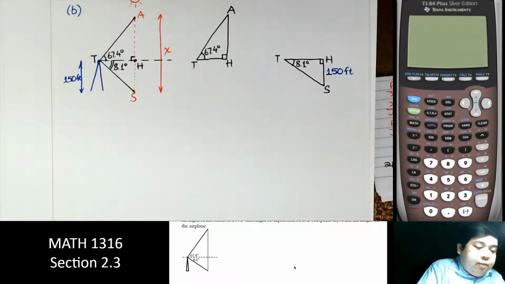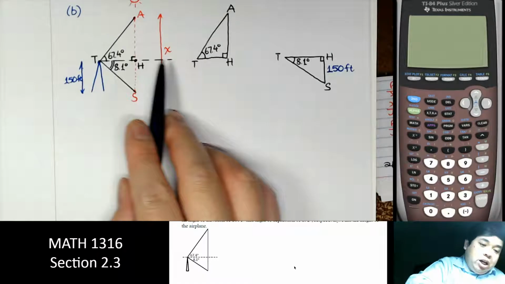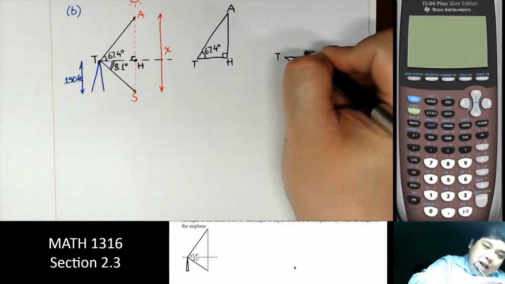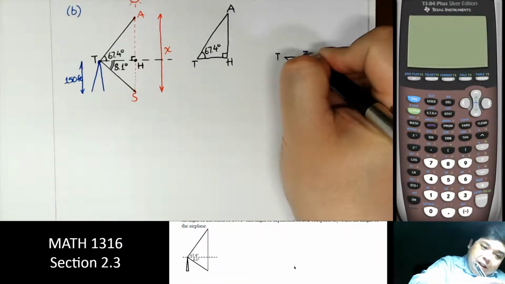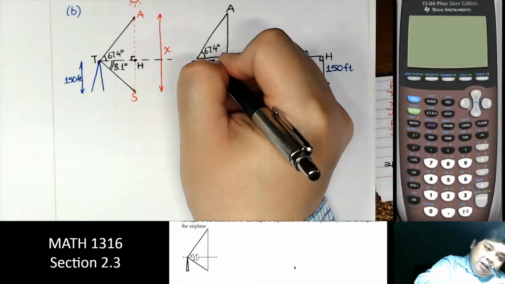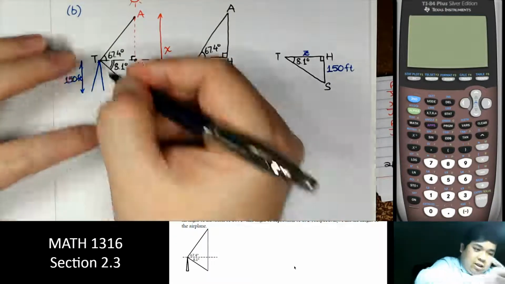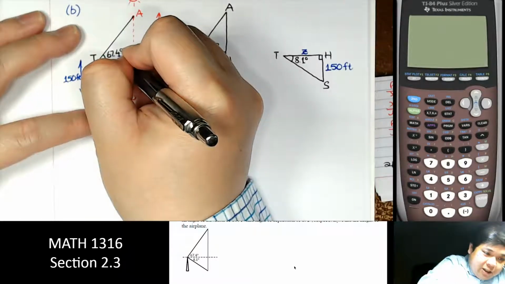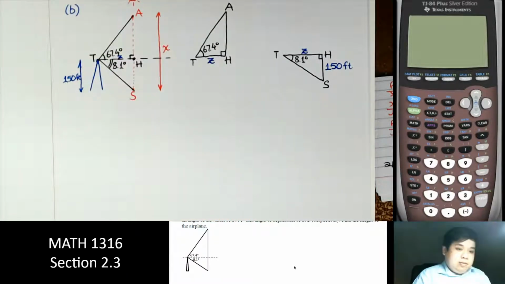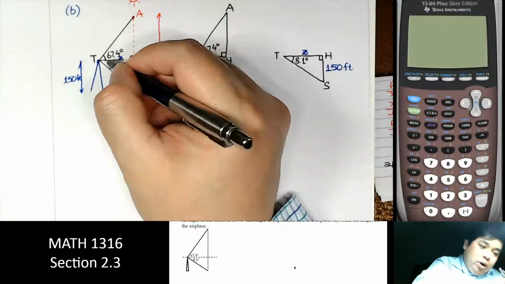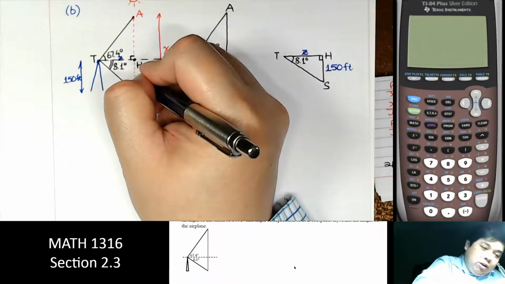By the way, both of these are TH, so let that be Z. So we have Z and then 150 here.